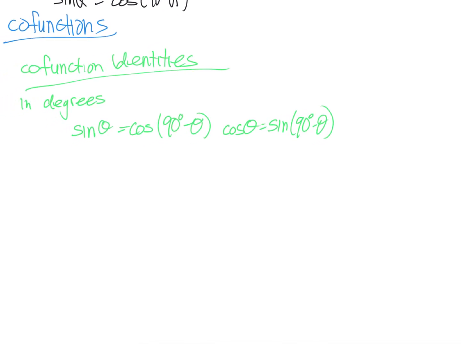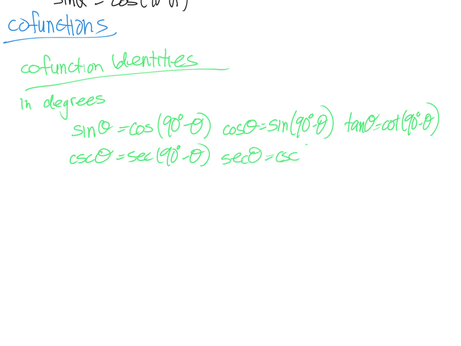And then tangent of theta is equal to cotangent of 90 degrees minus theta. Cosecant of theta is equal to secant of 90 degrees minus theta. Secant of theta is cosecant of 90 degrees minus theta. And then cotangent of theta is tangent of 90 degrees minus theta. So we have those relations.